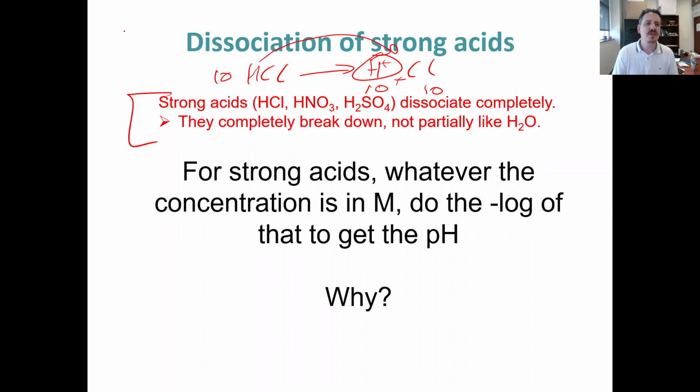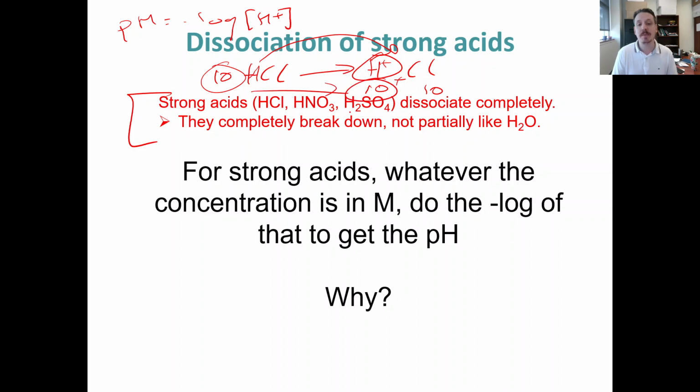Now remember, pH is the negative log of the concentration of H+, which means that however much HCl you put in, when it dissociates completely you're going to get that exact same amount. For example, 10 and 10.